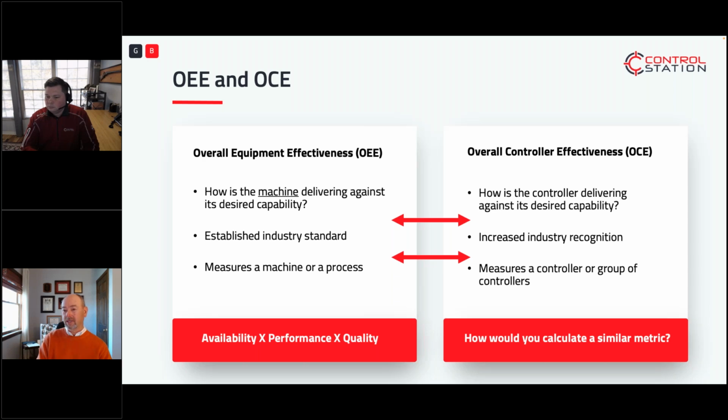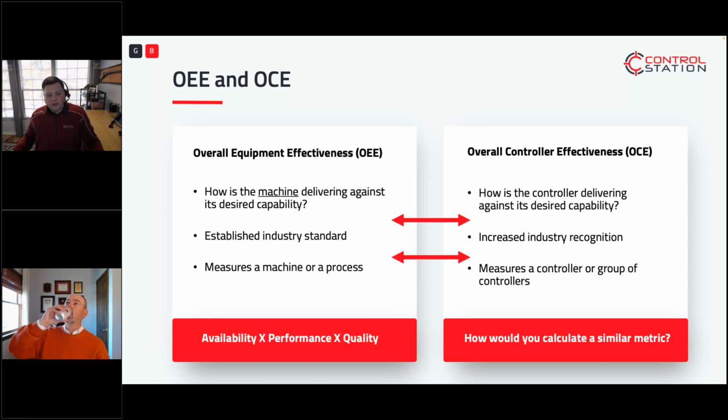And likewise, this idea of overall controller effectiveness is an analog to OEE. OCE will tell us, are the controllers, individually or as a set of controllers, delivering against their capability? So I'd like to encourage you, while we're presenting this slide, to think about how you might calculate something like that to see if a controller is doing its job. Go ahead, Bob. Yeah, exactly.